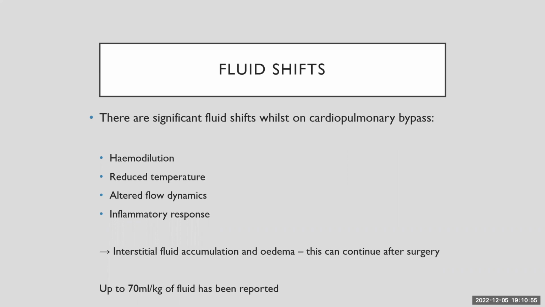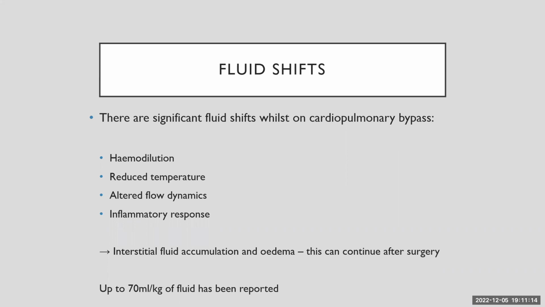And this cooling and rewarming has an impact on the hemodynamics, has an impact on the activation of this systemic inflammatory response, and also an impact on vasomotor tone, in terms of leading to vasodilation or vasoconstriction.